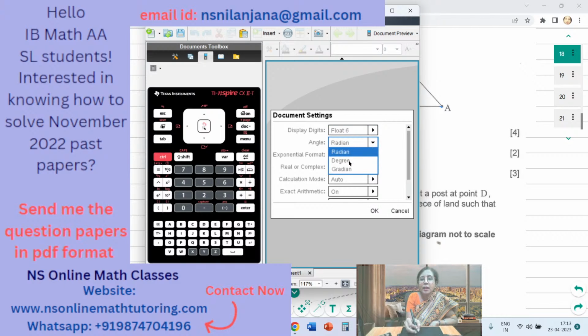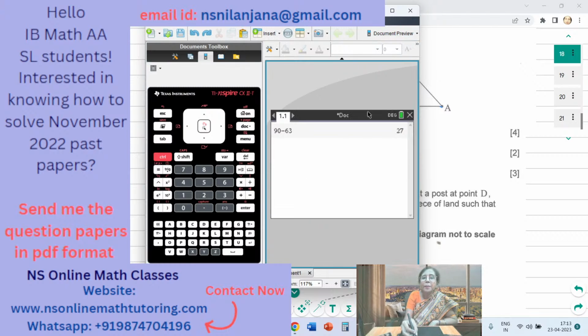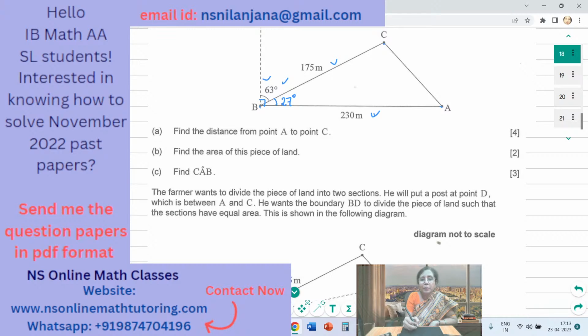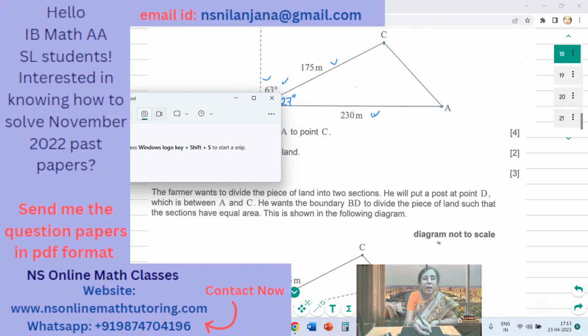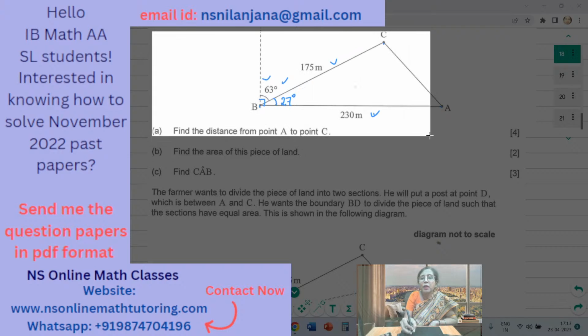Let me first write the cosine rule, but before that, let me bring down this part of the question so that it is visible while we solve.